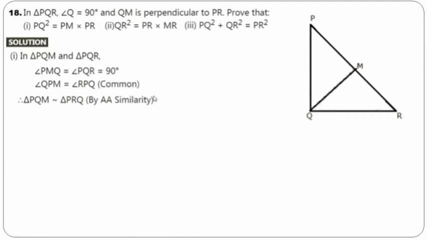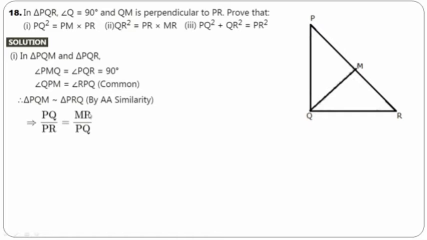So again, using similarity, we say that these two triangles are similar. If they are similar, then the corresponding sides must be in proportion. PQ by PR must be equal to MP. Just wait. PQ, P and Q is there, so it has to be MP.